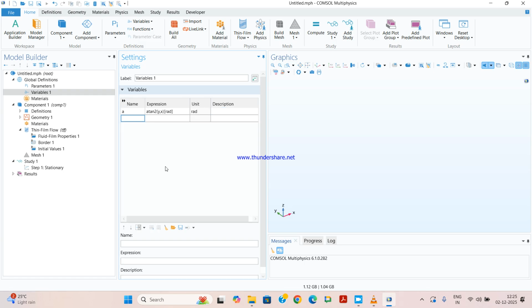Now the oil thickness. It will be the standard formula, which I will cover in my subsequent lectures. It will be the clearance times (1 plus the eccentricity of the locus times cos theta).